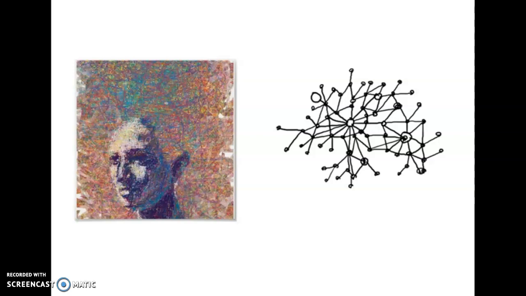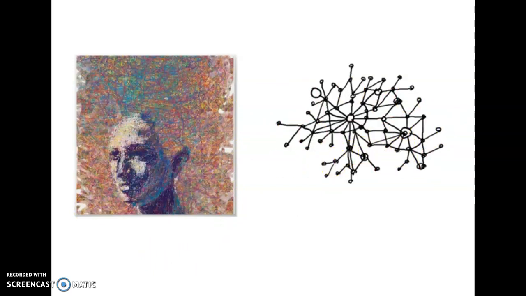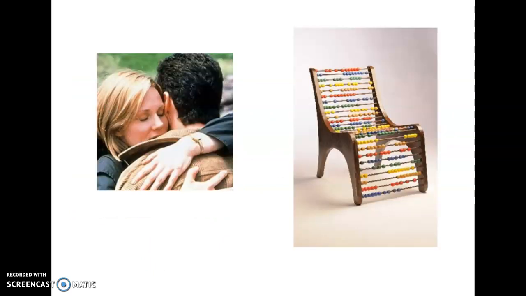We have a picture of a human being with a lot of lines and colors going out from his or her head. And we have another thing, which is maybe dots and lines connected together. And after that, we have a chair, and we have two young men hugging.